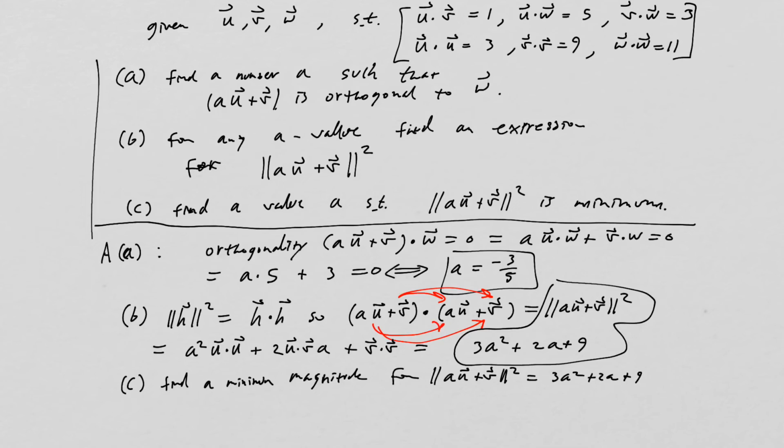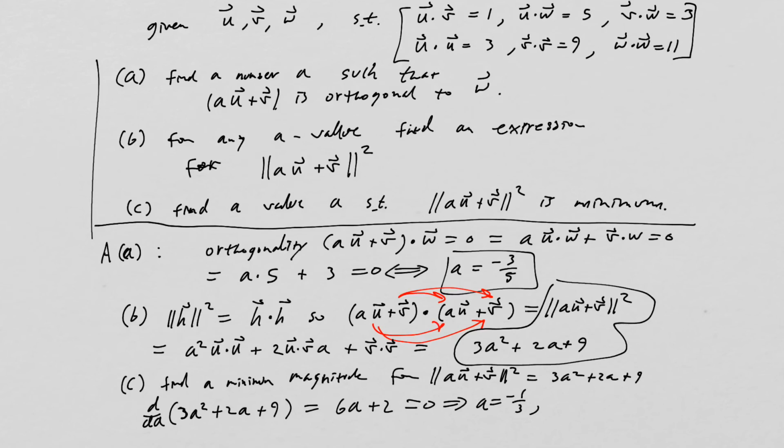Right, so in terms of a, that's an upward facing parabola. So what I'm going to do is actually take the derivative with respect to a. And that's going to be 6a to the first power plus 2. And then I set it equal to 0. And of course, I'll get from that a is equal to negative 1/3.